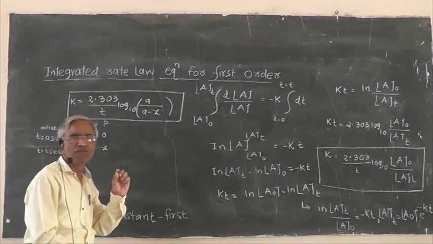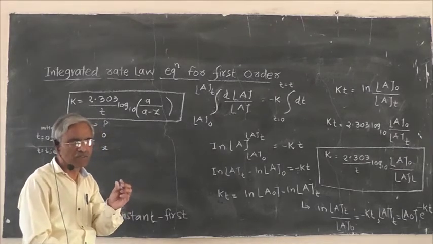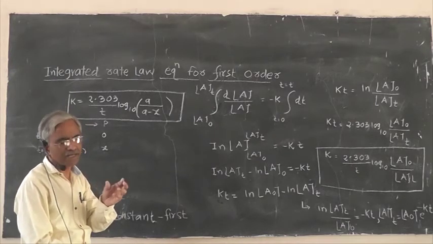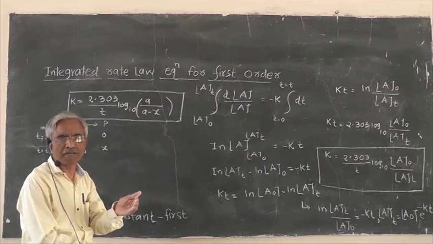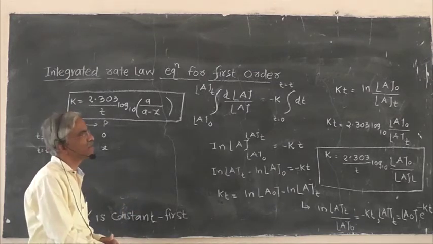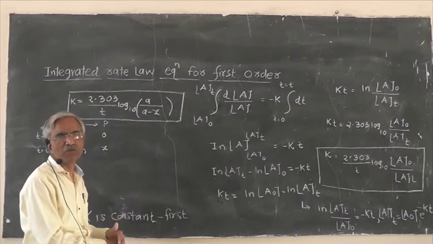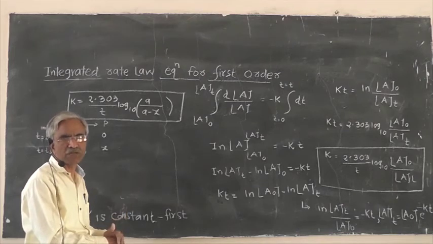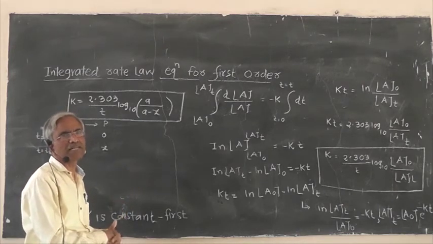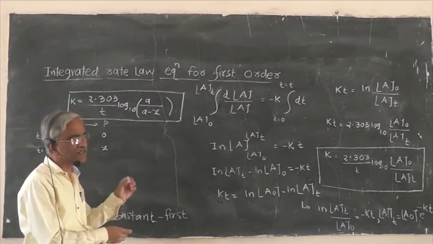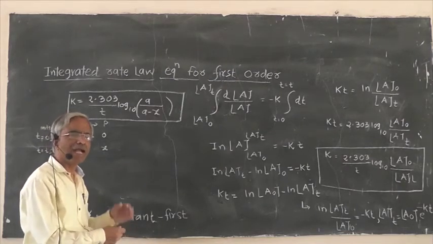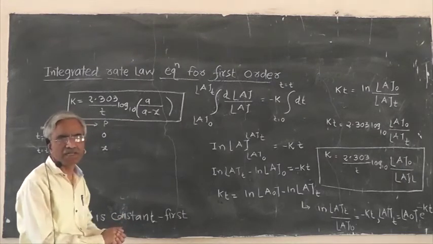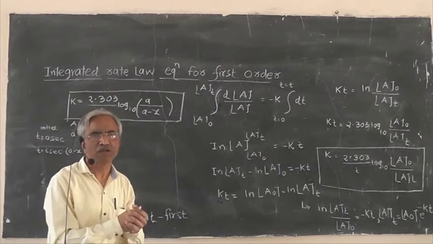In that case we obtain the volume of the reactions: the initial volume V0, and Vt as the volume obtained after some time t once the reaction has started, and completing the reaction, say at some infinite time, V infinity, for which we will go for calculation afterwards.